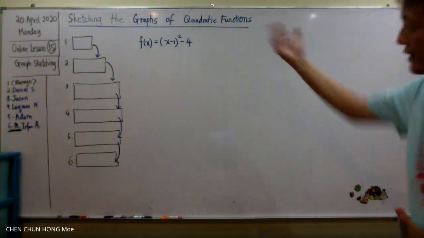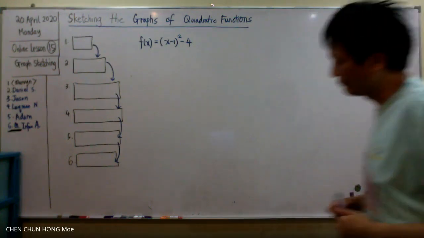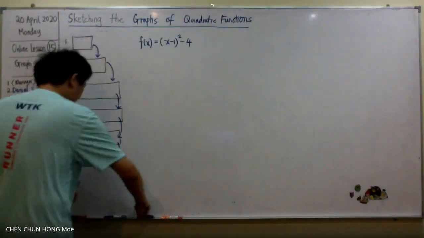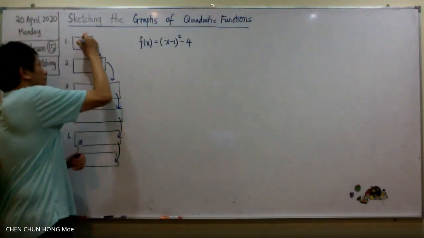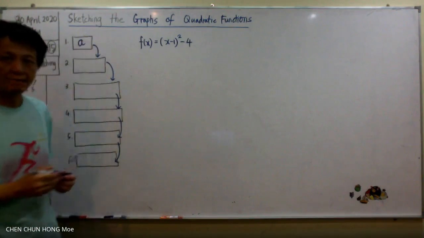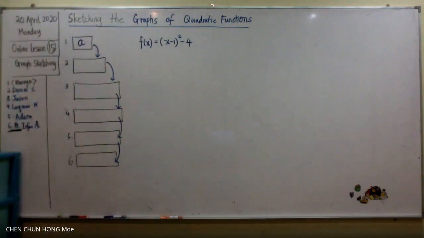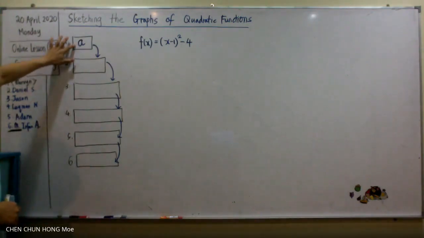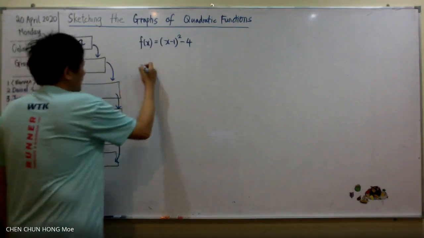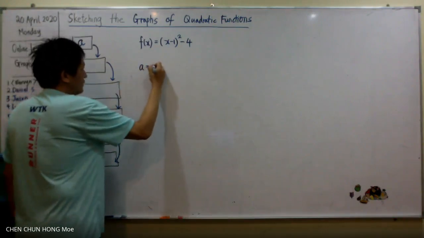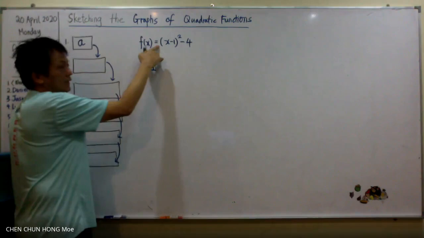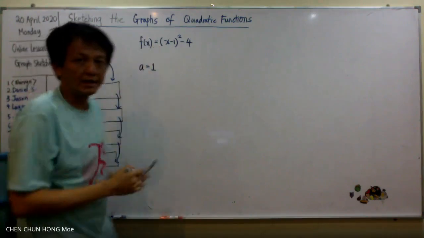Now this is already in vertex form. So to sketch the graph, the first thing that you need to do is to check the shape of the graph. Checking the shape of the graph means you look at the value of a. In this case, the value of a, if you remember, is 1.